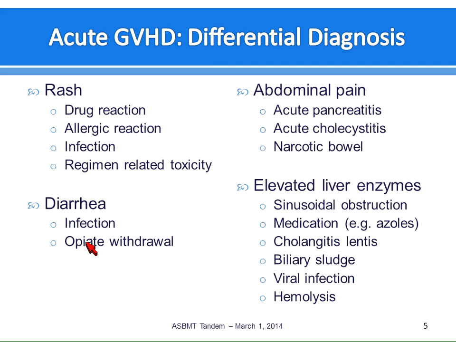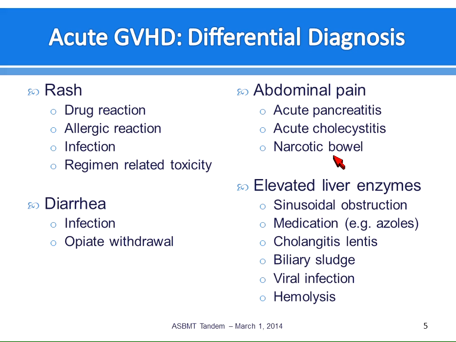So if a patient has had severe mucositis and they've had a lot of narcotic therapy, and then you're tapering that narcotic therapy, sometimes if the therapy is tapered quickly, you can get opiate withdrawal syndrome. That's an important one to remember. Conversely, if they're on a lot of narcotics and they're getting sort of bowel stasis syndrome with fluid accumulations, they can get crampy abdominal pain, you can get this narcotic bowel syndrome.